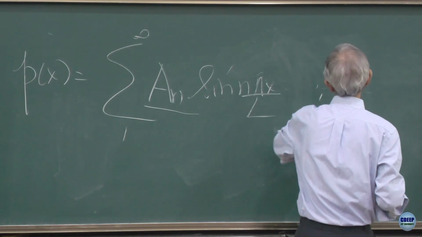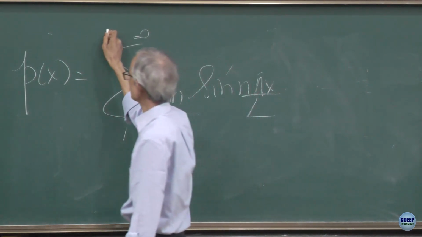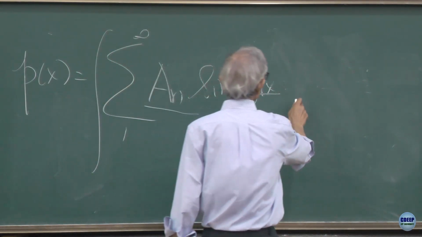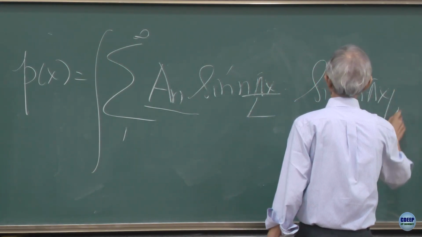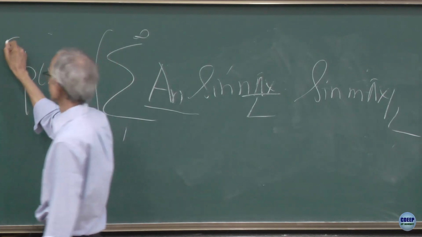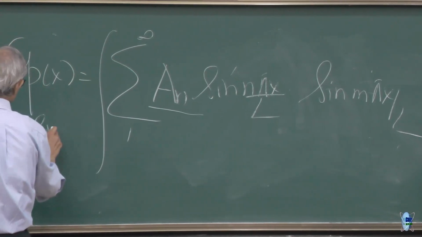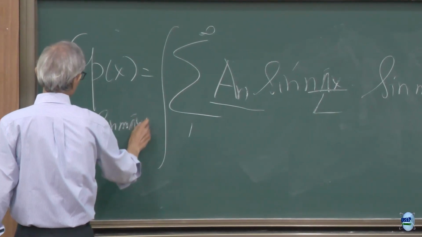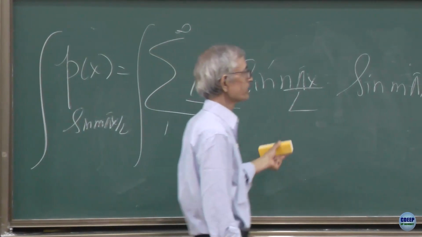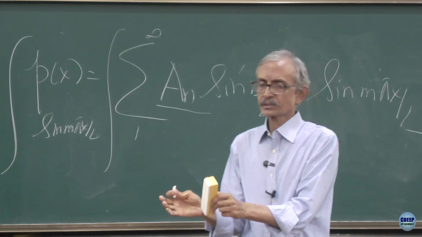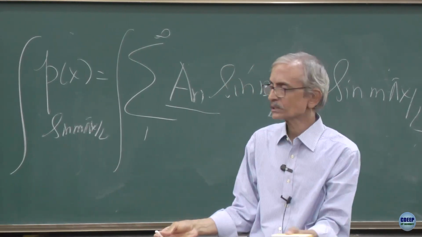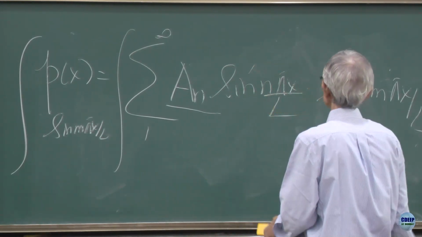Even for the Fourier series, we did the same thing. You multiply with sine m pi x by L and integrate, and we know that when n equals m, that term is going to survive. When n is not equal to m, that term is going to go away.